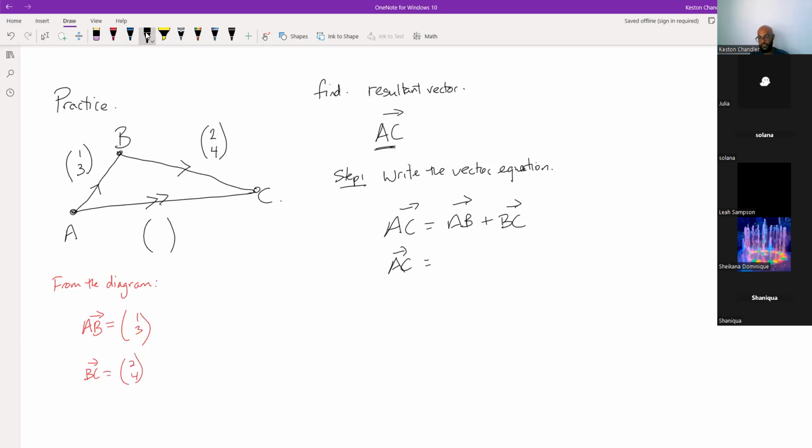So if I want to find what AC is, then I just need to add these two vectors together. So my resultant vector AC is 3, 7.